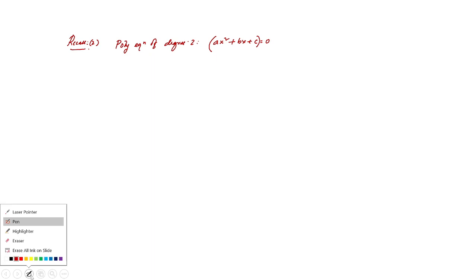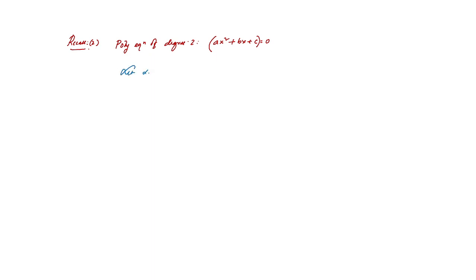We'll take the polynomial equation of degree 2, which is ax square plus bx plus c equals 0. Now let alpha, beta be the roots of equation 1.